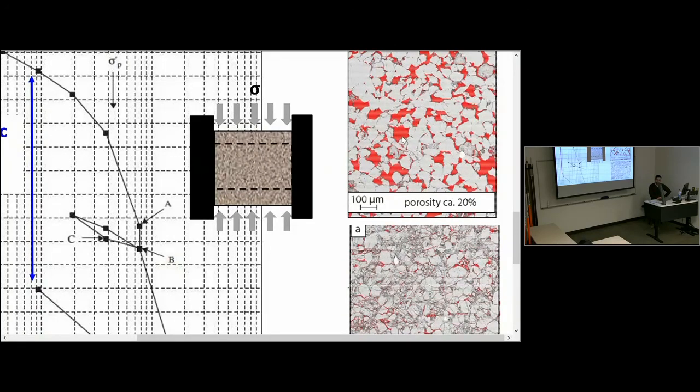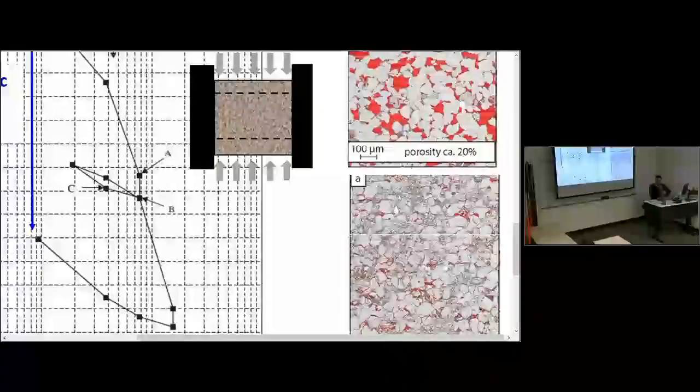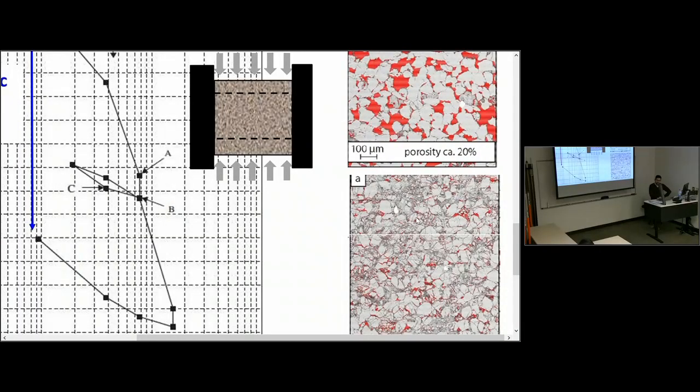But after you go through a very high vertical effective stress, this is going to start to crush, and those big pores are going to get filled now with small grains, and now the pore diameter is going to be a lot smaller.